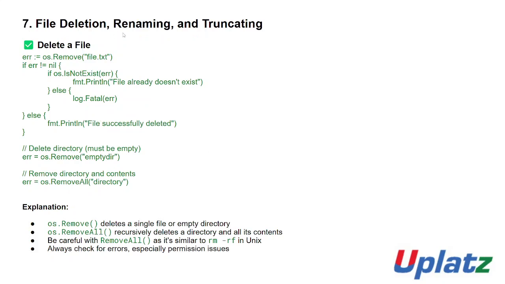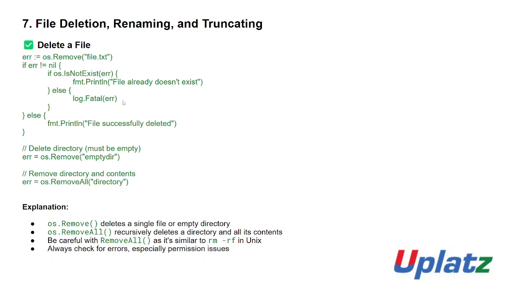File deletion, renaming, and truncate. Delete a file. Error equal to os.Remove file.txt. If error not equal to nil, if os.IsNotExist, if it doesn't exist, then file already doesn't exist.